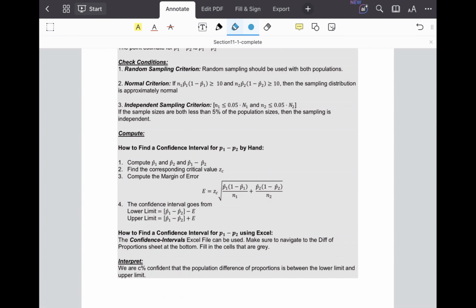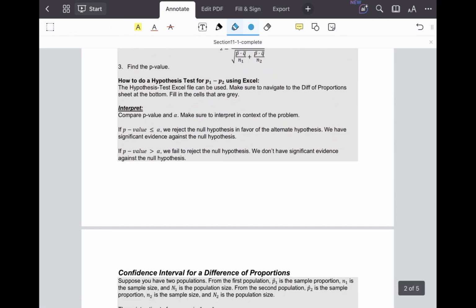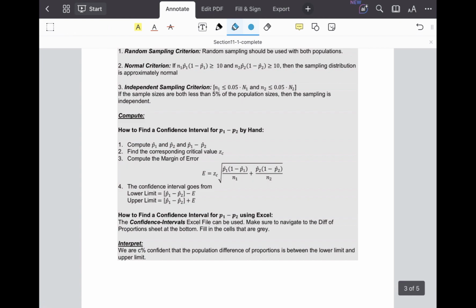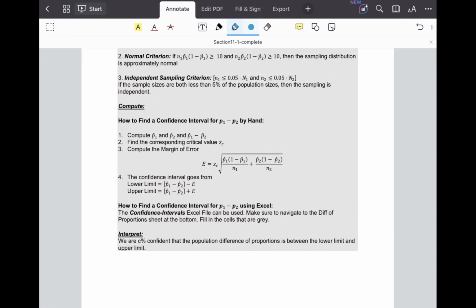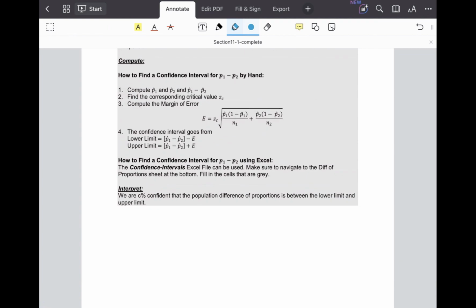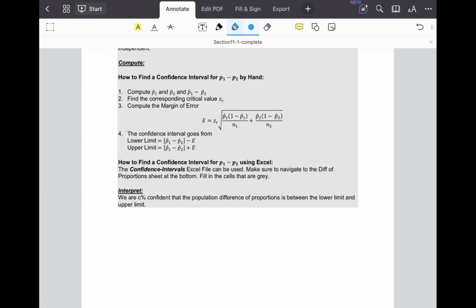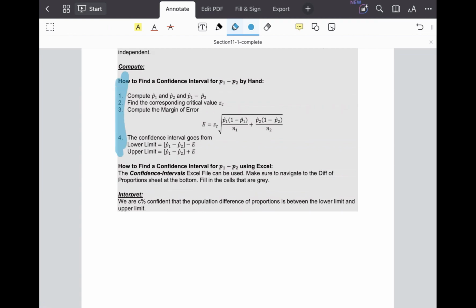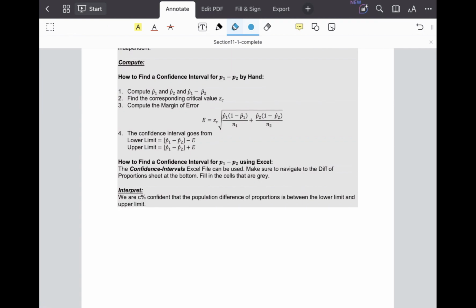The conditions, and then this computation is complicated, as you can see here. It's a slightly different formula. But yeah, we're going to just use the Excel file for this because it's very easy to make mistakes in this process where there are so many steps, and most people just program this stuff anyway.